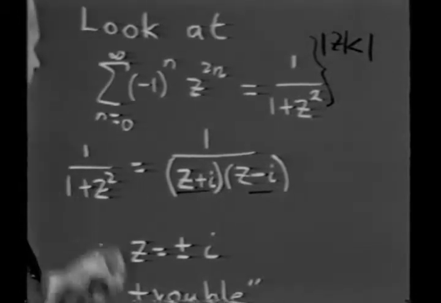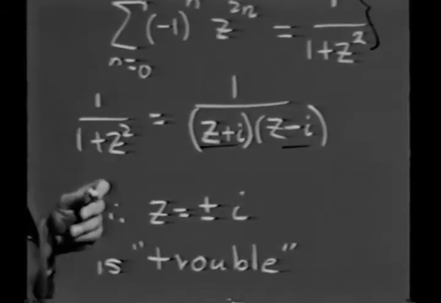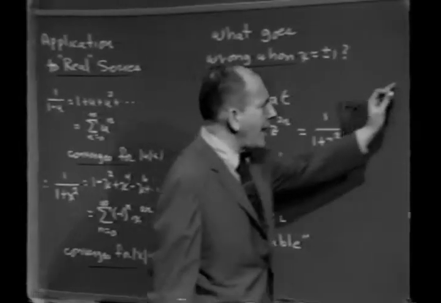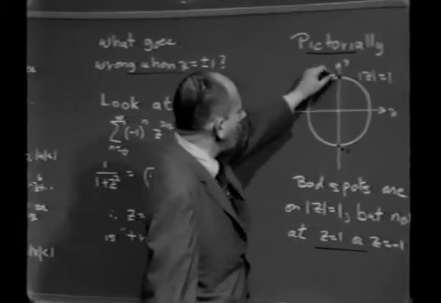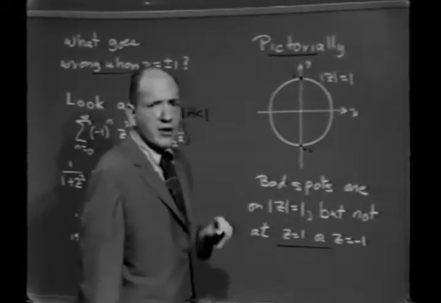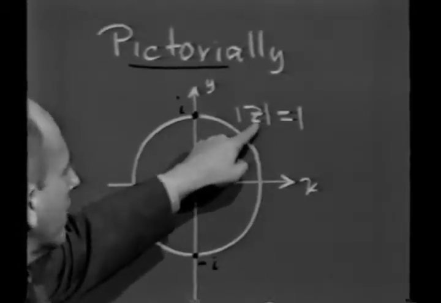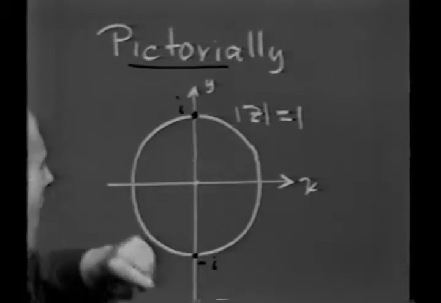In other words, at a glance, I recognize that z equals plus or minus i is trouble. In the Argand diagram, I know I'm in trouble at these 2 points on the circle absolute value of z equals 1. Remember, this is a circle. It's the locus of all points in the Argand diagram, 1 unit from the origin.